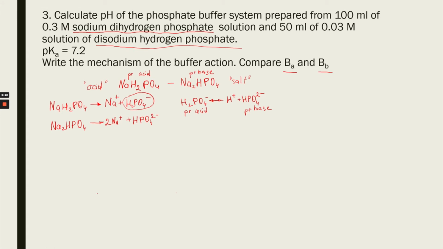The next question is the comparison of buffer capacity by acid and buffer capacity by base. To compare these buffer capacities, you don't have to calculate anything. You just have to look attentively at the buffer ratio and conclude which compound in the buffer composition we have more.